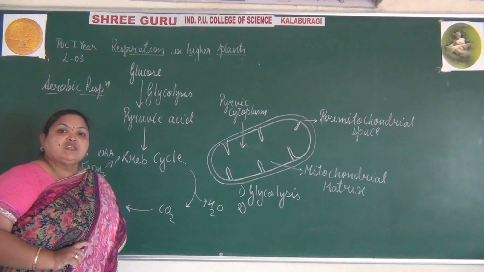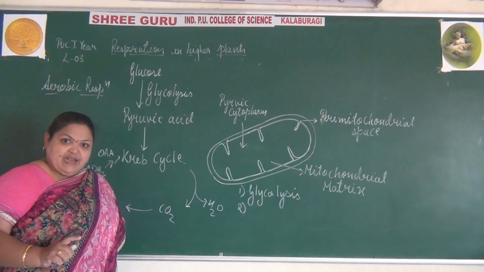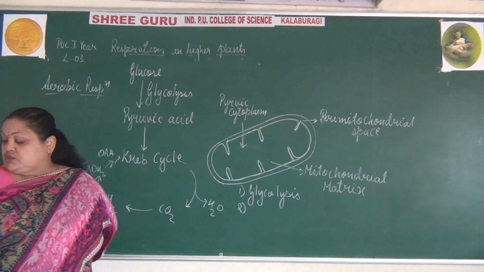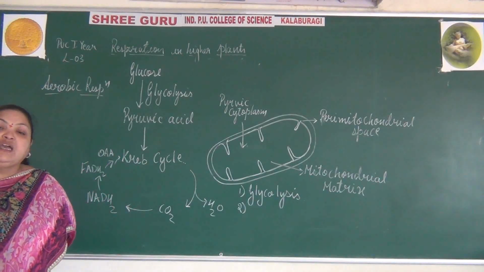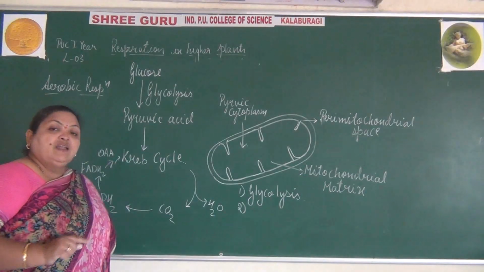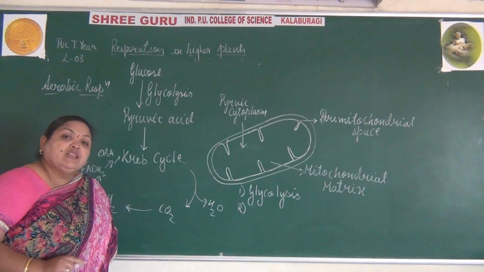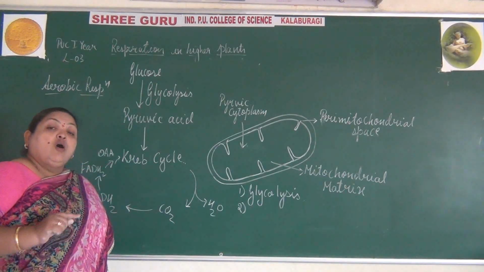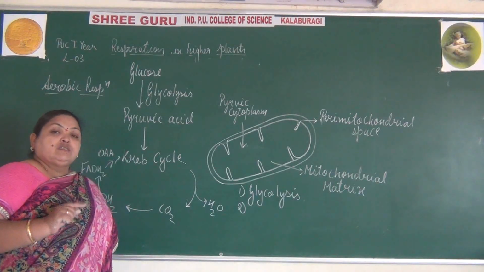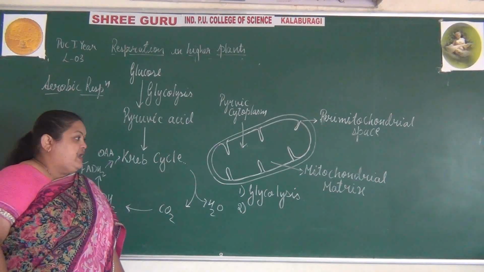So this process is also called oxidative phosphorylation. So we know what is phosphorylation. That is synthesis of ATP molecules, known as phosphorylation. But here there is synthesis of ATP molecules in the presence of oxygen, an oxidative process. That process of synthesis is called oxidative phosphorylation.